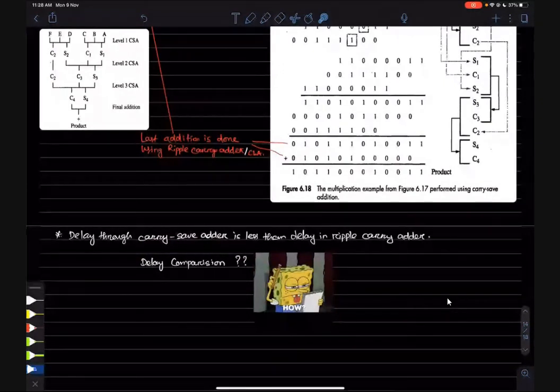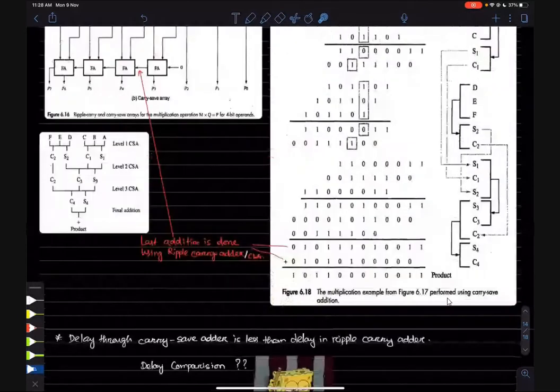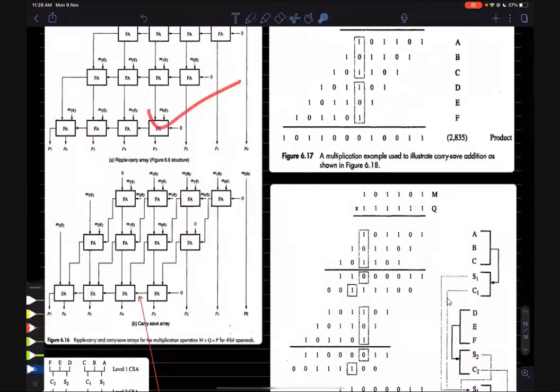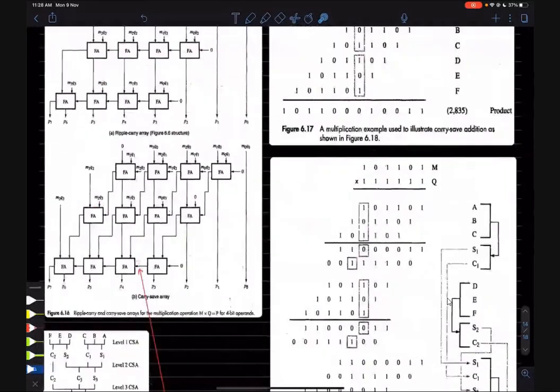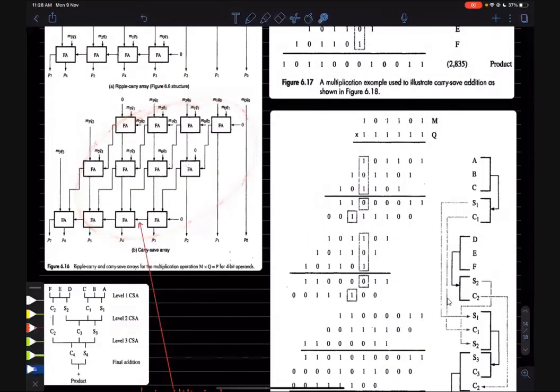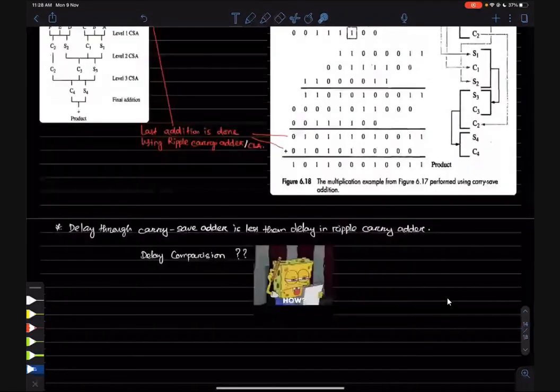So whoever will send me the correct calculation and comparison, you have to compare between the normal multiplication process and carry look ahead addition process, the delay between these two, and compare what is the normal multiplication delay.